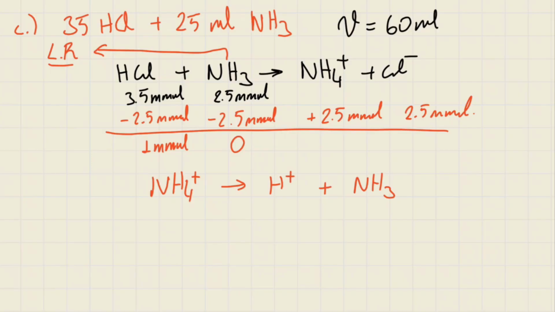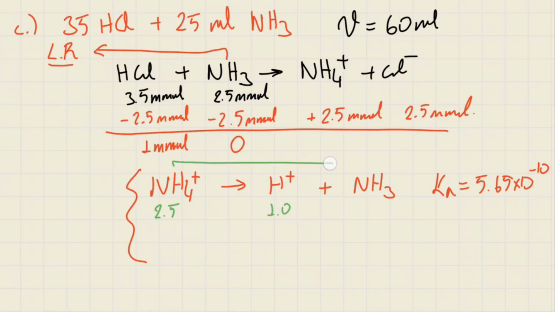So Ka for this reaction, as we calculated, is 5.65 times 10 to the minus 10. However, calculating this again, like the acetic acid solution, will be unnecessary. Why? Since we have 2.5 and we have a hydrogen plus concentration, and this reaction will try to go here.